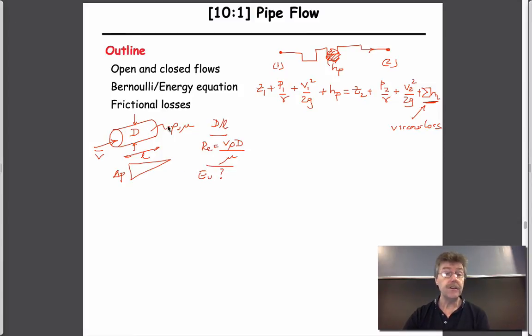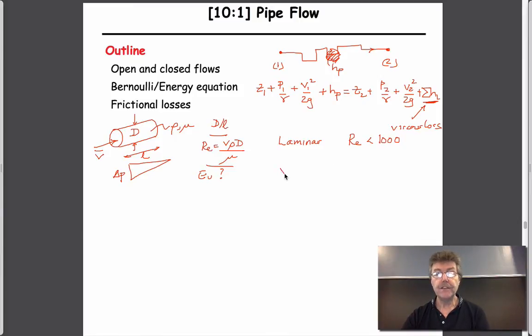So for the very simplest case, the laminar case, we'll find out that laminar means a Reynolds number less than, say, 1,000. We haven't justified that yet.